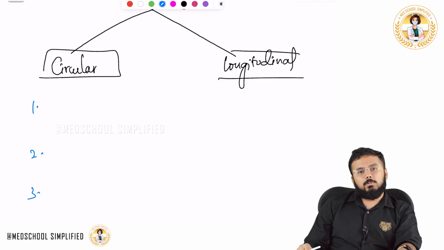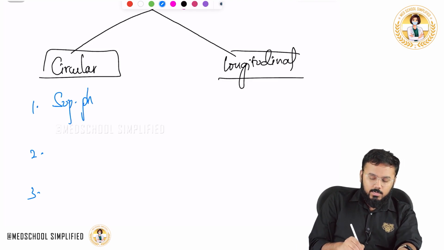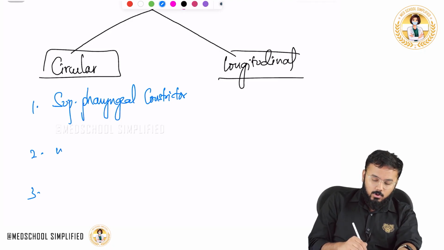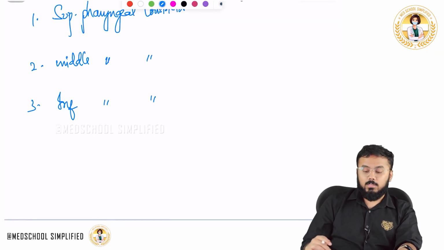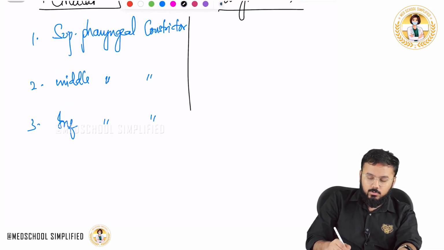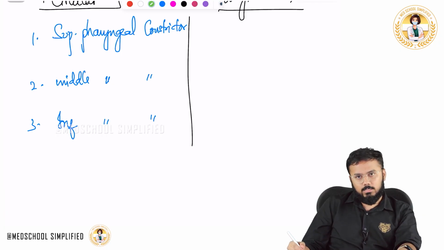What are these three called? Pharyngeal constrictors. One is called the superior pharyngeal constrictor, another is your middle pharyngeal constrictor, and the third is your inferior pharyngeal constrictor.